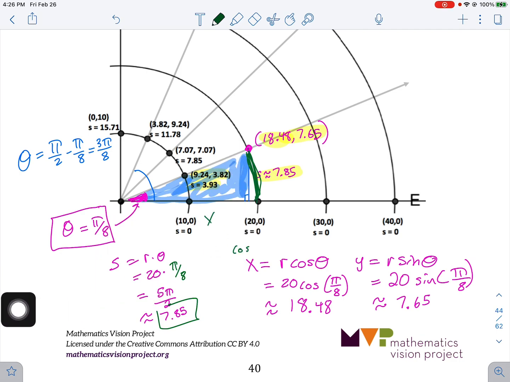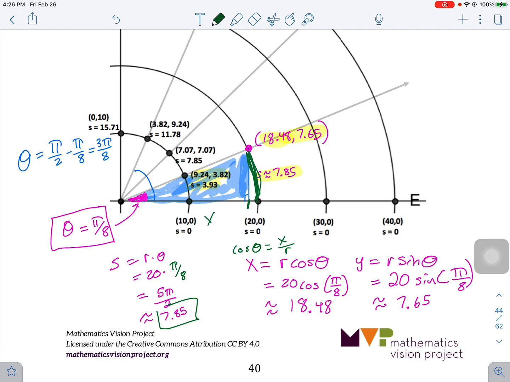So cosine is adjacent over hypotenuse, and because of that we can say that x is equal to r times the cosine of theta, which, plugging in values for r of 20 for a radius and plugging in pi over 8 for theta, gives us approximately 18.48. So it's 18.48 over, which kind of makes sense because it's almost 20.